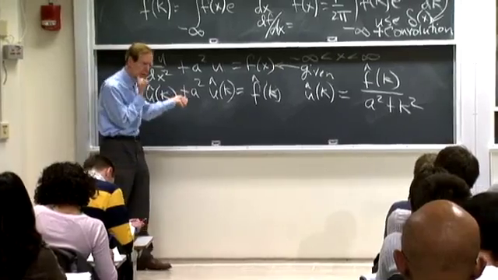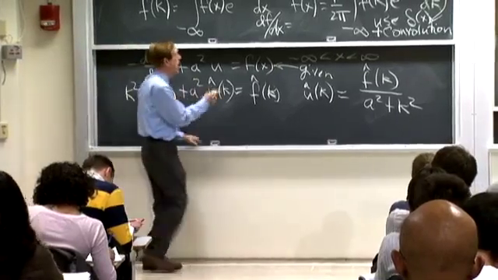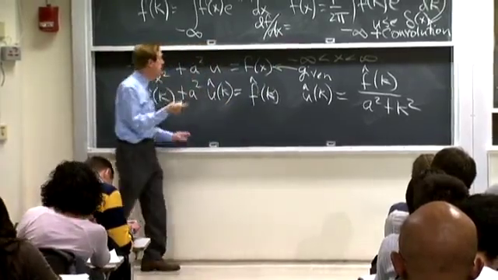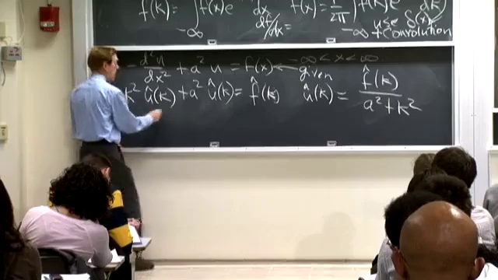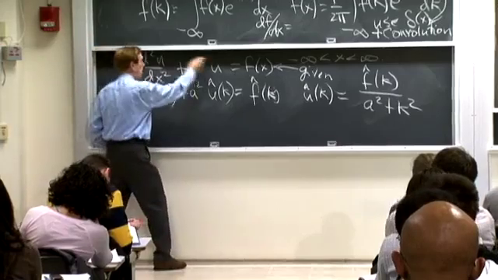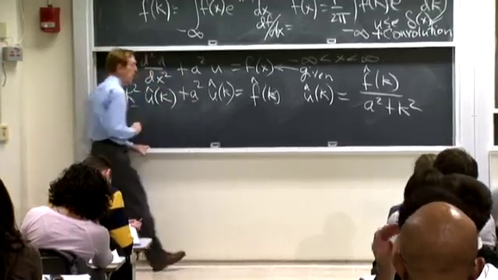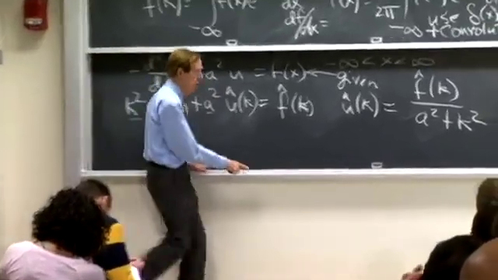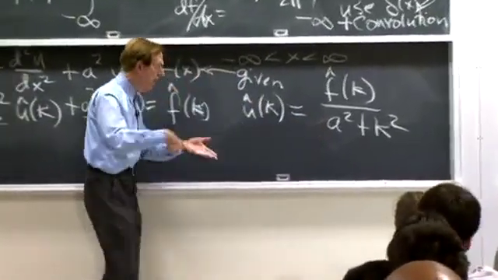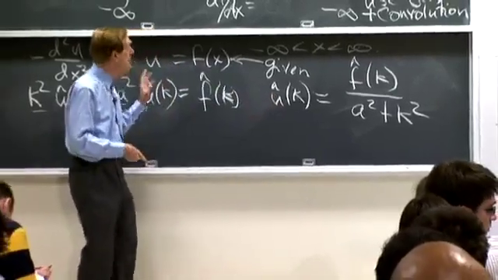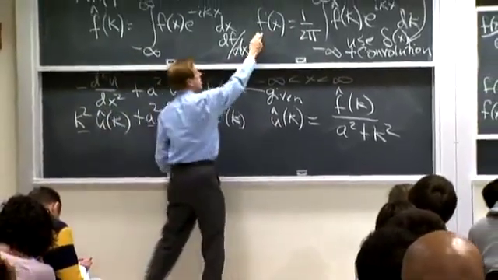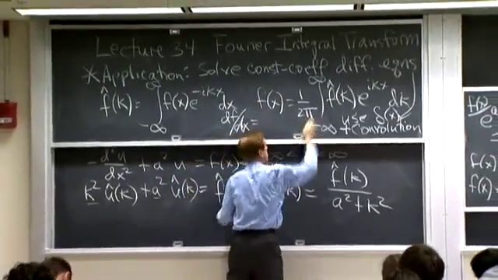We're doing exactly the same thing here. These e to the ikx's are the eigenfunctions of this thing. And here the eigenvalue of this stuff is k squared plus a squared. And that's what we divided by. And then the final job of going back from u hat to u.